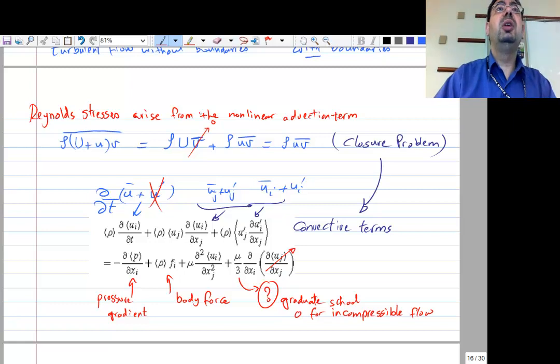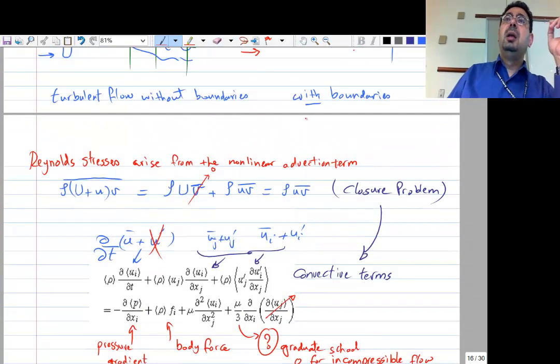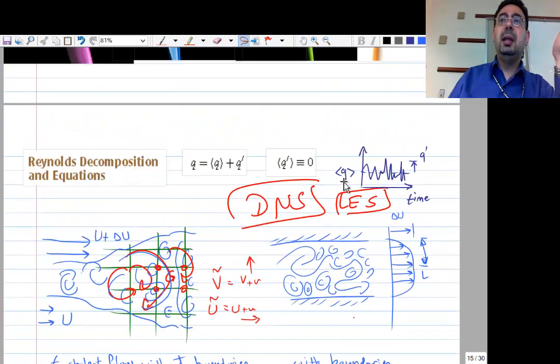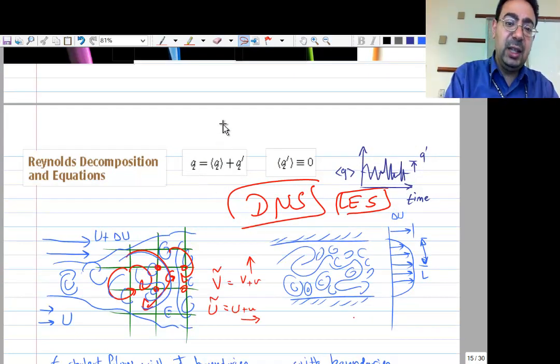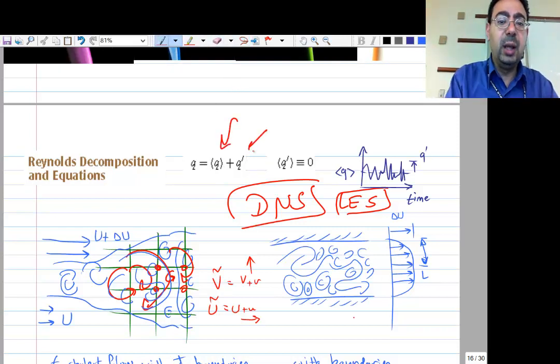Okay, so how do they do this? Well, they start by saying that the real velocity fluctuating with time, we can split it into two components: one that is the average, and one that is the fluctuation.